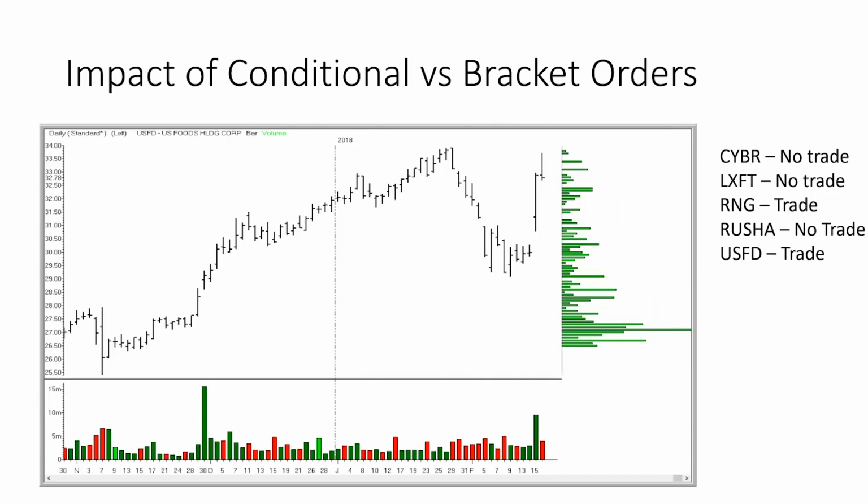And USFD opened, traded up to the target and back down again, right? So we had two of the trades triggered and three did not, leaving us total excess equity of $23.72 per share that actually had to be used, or $23,720 per 1,000 shares.